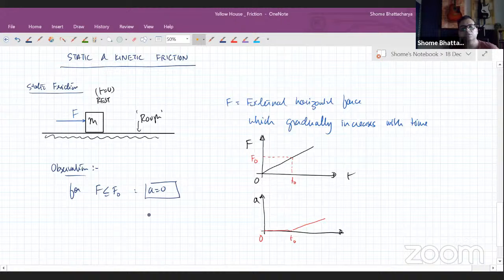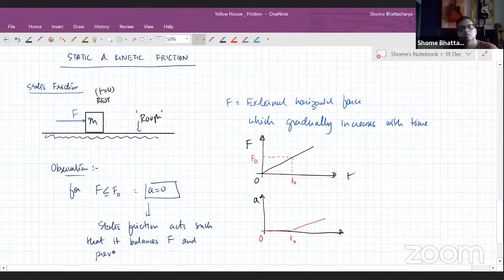That means during this time, static friction acts such that it balances the external force and prevents slipping. Okay. But as you can see from the experiment, this cannot go on forever. If my force goes on increasing, the static friction cannot go on counterbalancing forever.